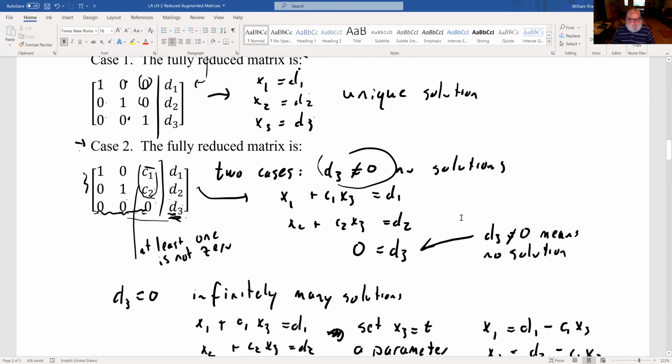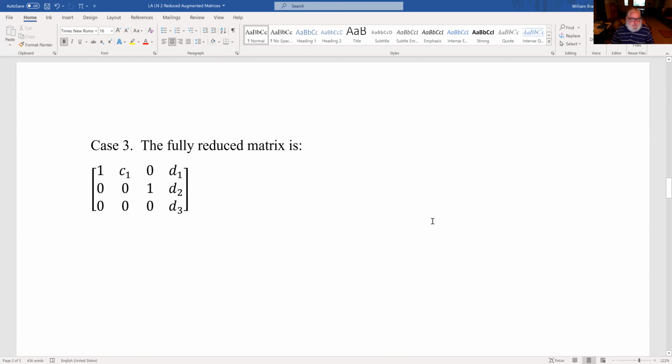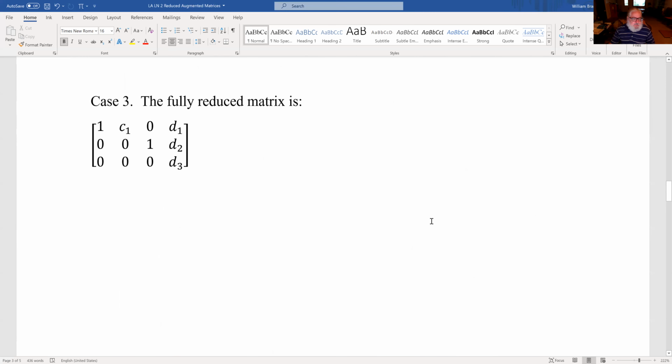Okay. So what's the other possible case? The other possible case is this, where you've got a C1 here, and like I just said, this C1 can't be equal to 0 because otherwise this entire column would be 0 and x2 wouldn't show up at all. And then we have d1, d2, and d3.